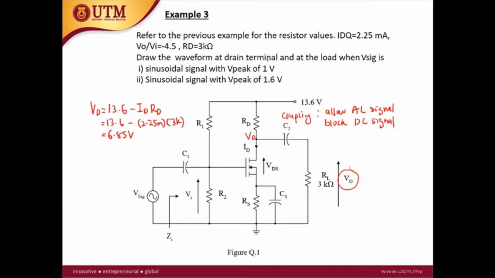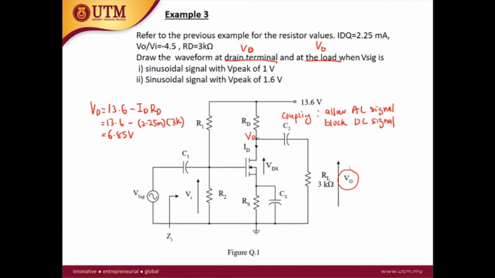For this question, we want to draw the waveform at the drain terminal, this is the VD, and at the load, this is the Vout. What is the difference between the waveform at the drain terminal and at the load?